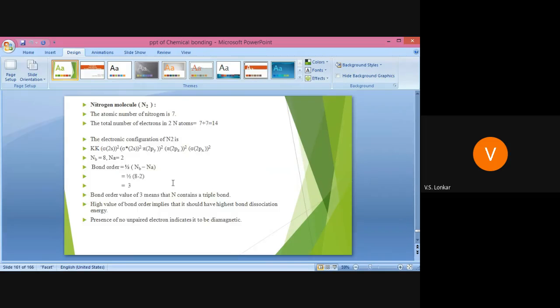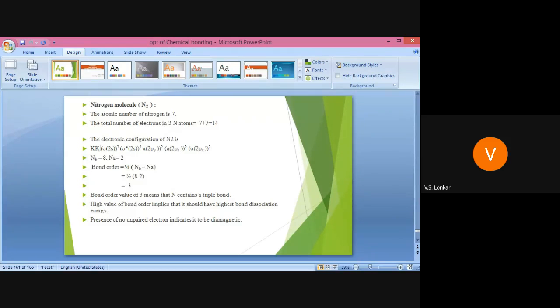The next example we have taken is N2, the nitrogen molecule. Atomic number is 7, total electrons are 14. But whenever we calculate the bond order, only consider the valence electrons. Do not consider the electrons present in the inner shell, that is the first shell, the sigma 1s2 sigma star 1s2.